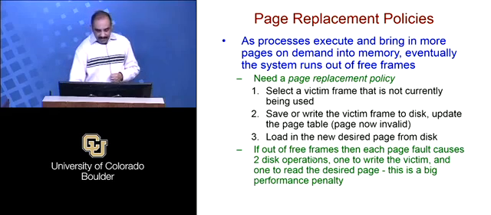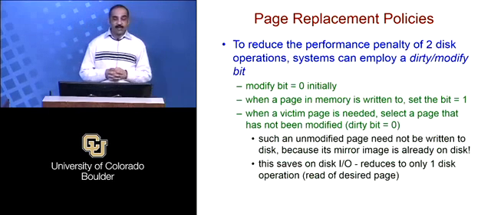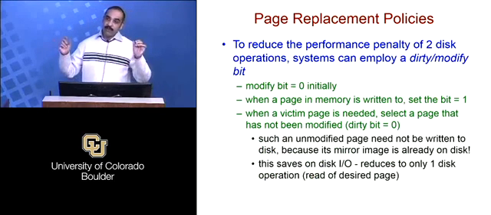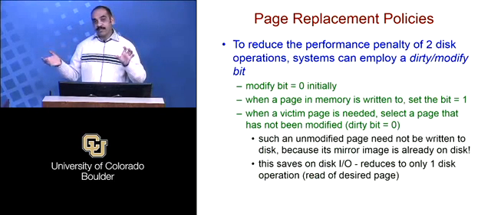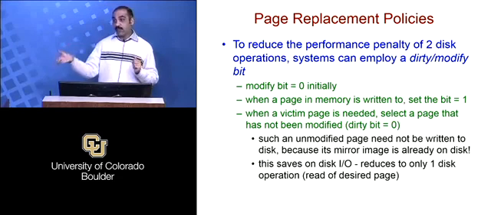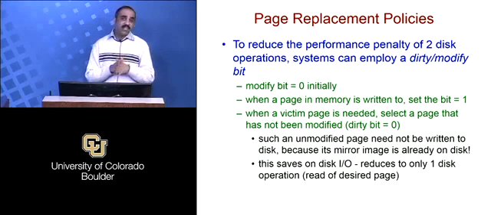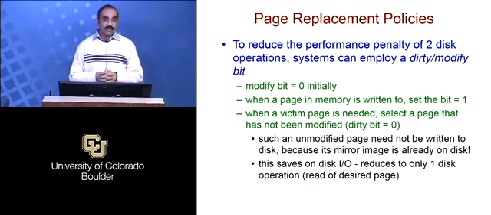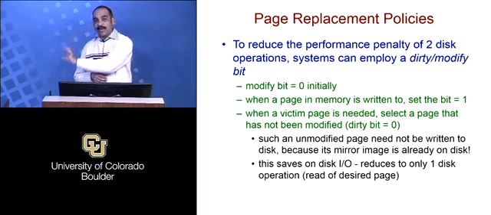So these are some of the strategies that are used. If you have to move a page out of the memory into the disk, you look at the page. If the page that was loaded from disk to memory hasn't been modified, for example, let's say this page contained only code, then if you have to replace this page, there is no need to write it back to the disk.